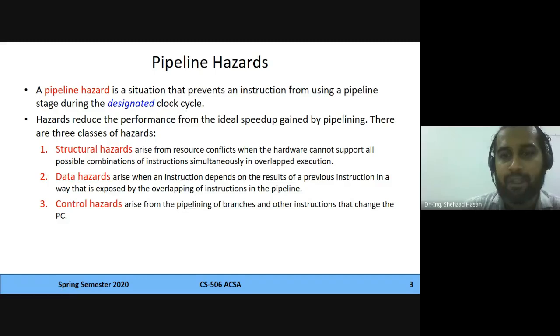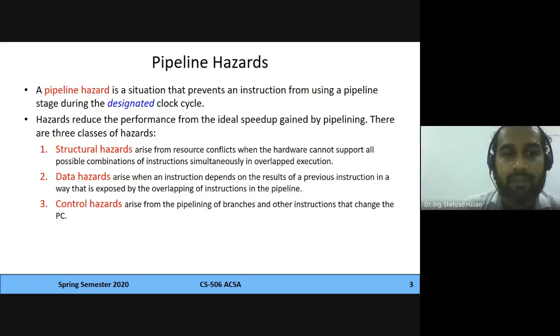If you want to run an instruction and it depends on a previous instruction which has not completed its result, and the result is not written to the register, then you obviously cannot start the new instruction. If that prevents you from starting the instruction at its right cycle, that's called a data hazard. So in structural hazards, the hardware was the issue. In data hazards, the data is not available.